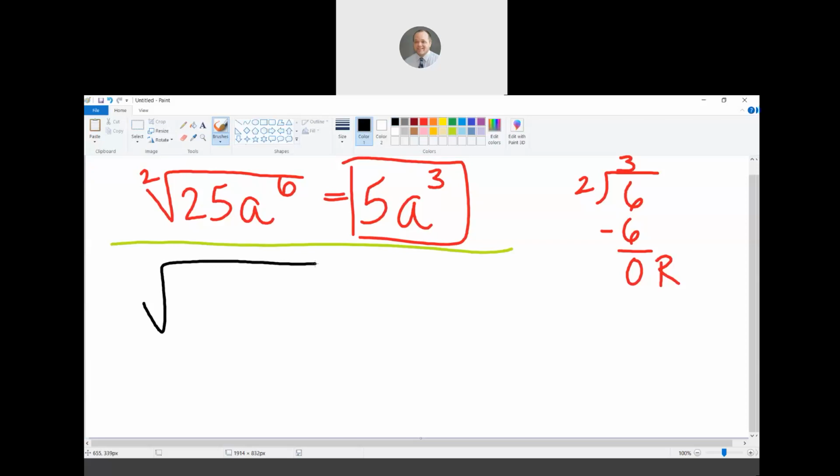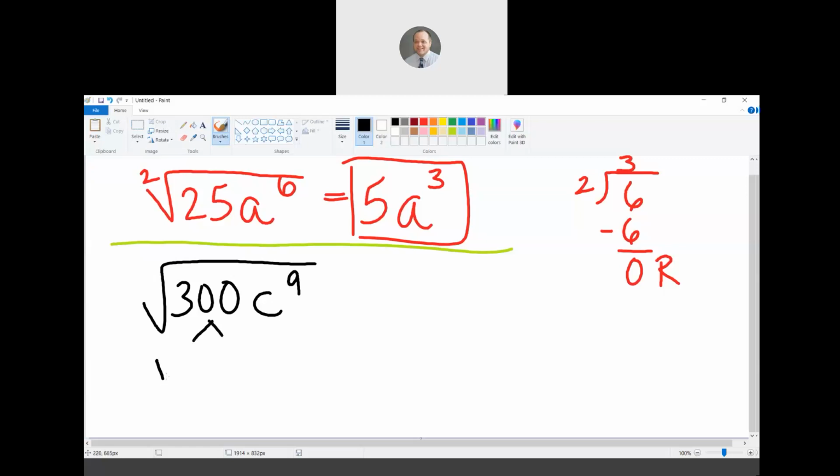We have the square root of 300, c to the ninth power. Now, the square root of the number 300 is not a perfect square root, but one of its factors is.